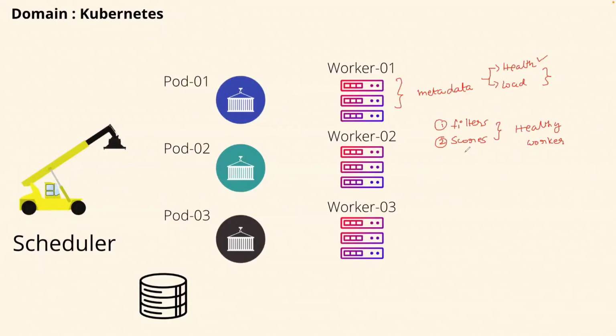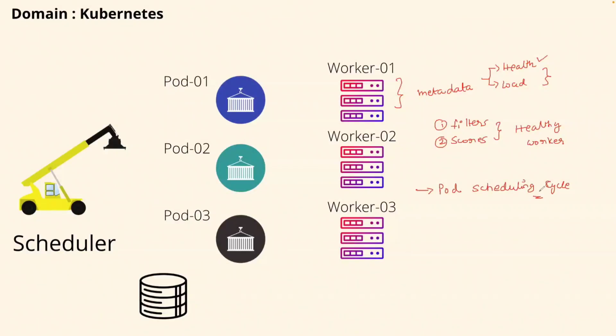Now what happens is every pod then goes through what we call the pod scheduling cycle. There is a service that is responsible for taking a pod through this life cycle, where the pod information is passed on, that is, how many resources this particular pod requires.